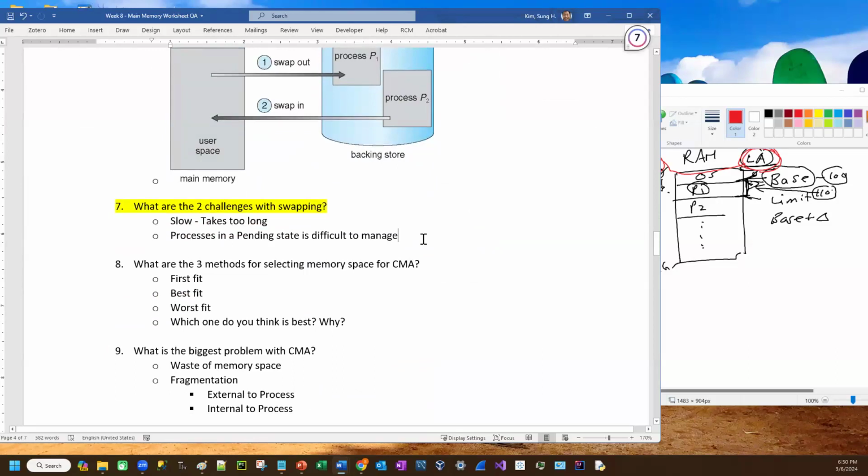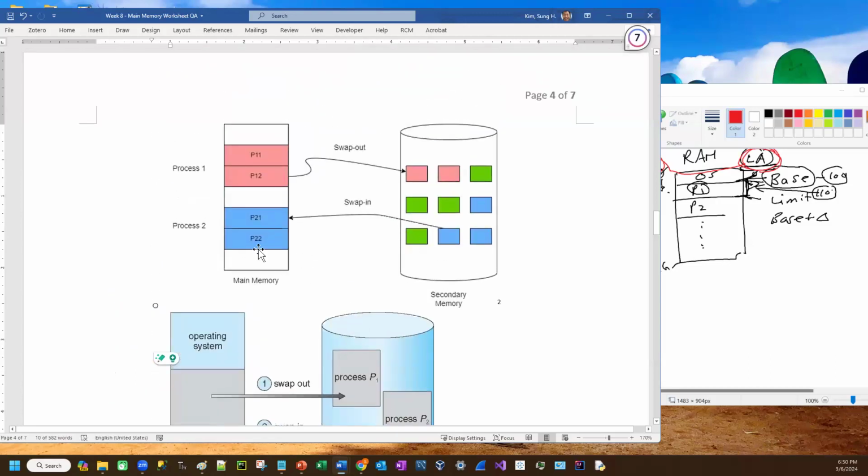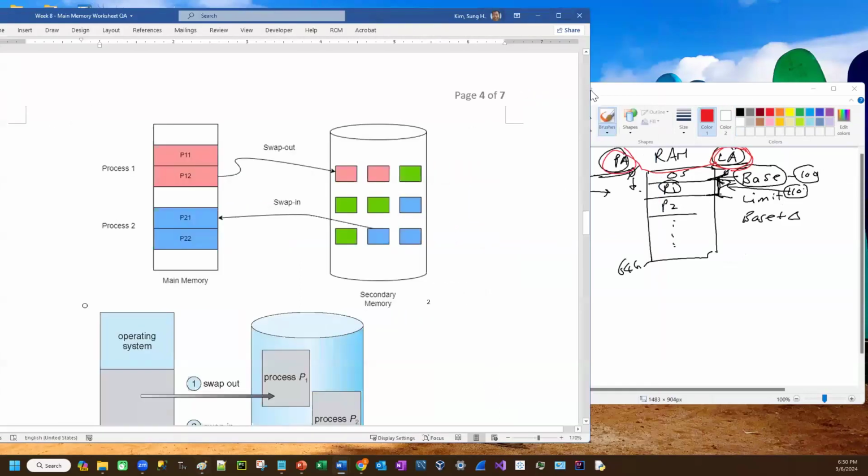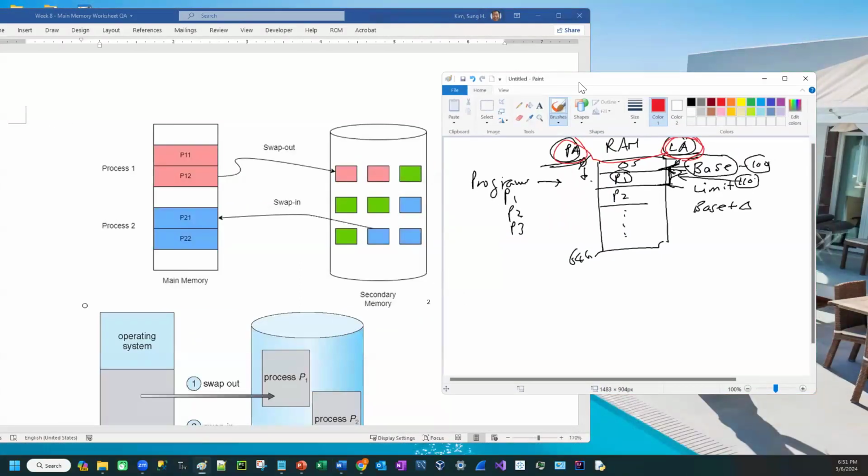And the other thing is, not only does it take long, but also when you are swapping between the RAM and the secondary memory space, the process here, okay? So let me write it here instead of just talking. When you have a RAM here, so here's the RAM, and here is process one, and you want to put it into the solid state, right?